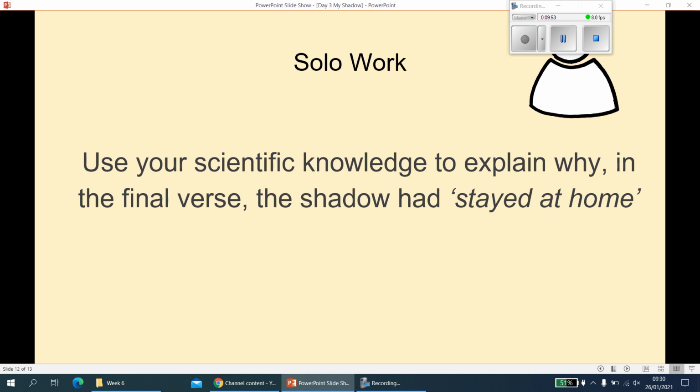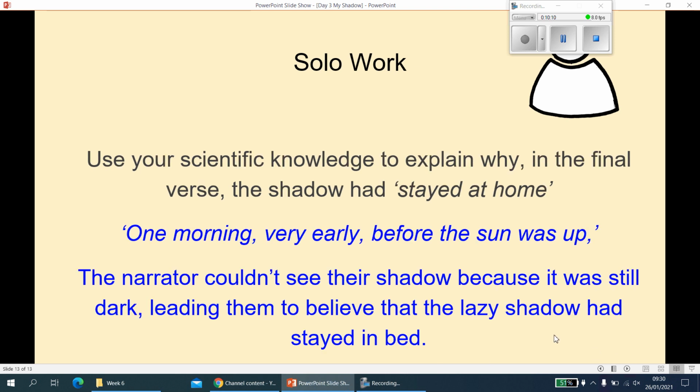Okay then, now this could have been quite challenging because you either do or you don't know about shadows and about light. But hopefully there was an adult or a sibling at home to help you if you weren't quite sure. Now, the reason that the shadow had stayed at home, there we go. It says, "One morning very early before the sun was up."